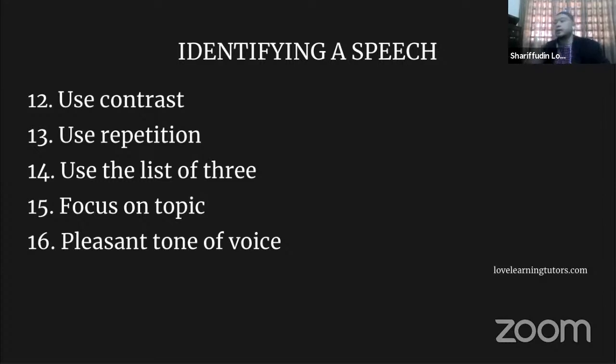Okay, tips: usually setiap orang akan ada your point of reference, ataupun the person that you look up to for inspiration, untuk kita jadikan rujukan bila kita nak give a speech.